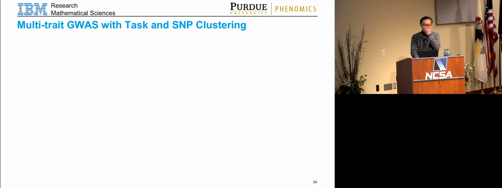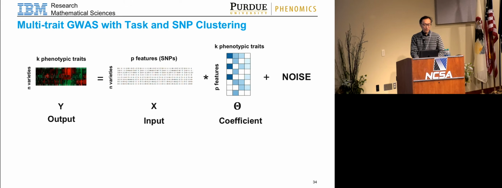Now, here we try to go further. And what we'd like to do is, rather than this post hoc approach, when we do the GWAS analysis, in that process itself, we'd like to discover some hidden structure, like the grouping or clusters within the SNPs or within the phenotypes. This is done as part of that process.